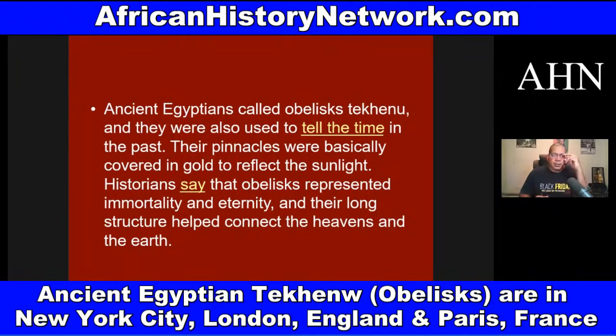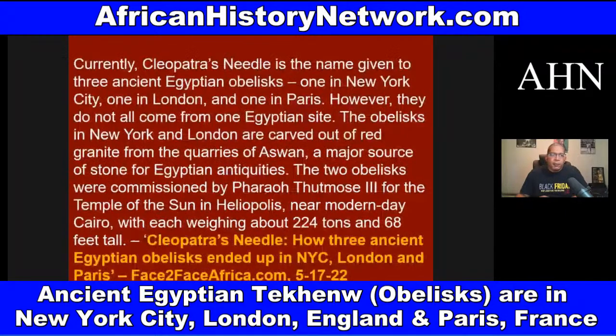Historians say obelisks represented immortality and eternity. When you go to graveyards, you'll see those stone structures. You'll see obelisks in graveyards also. Their long structure helped connect the heavens and the earth.